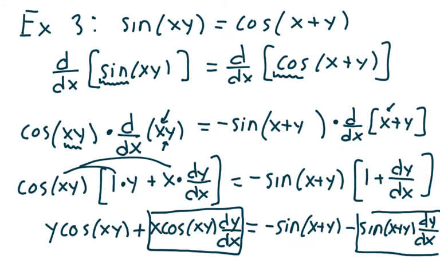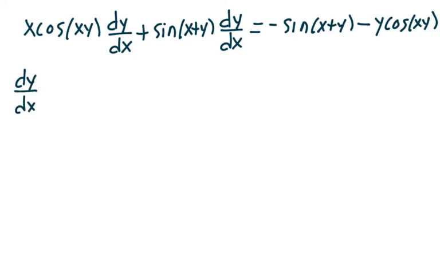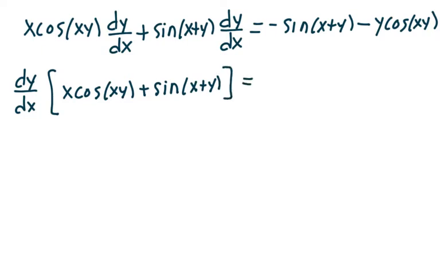On the right side, we get negative sine of (x plus y) minus y cosine of xy. I'm going to factor out a dy/dx, and we get x cosine of xy plus sine of (x plus y). That's on the left. And on the right, we get negative sine of (x plus y) minus y cosine of xy.